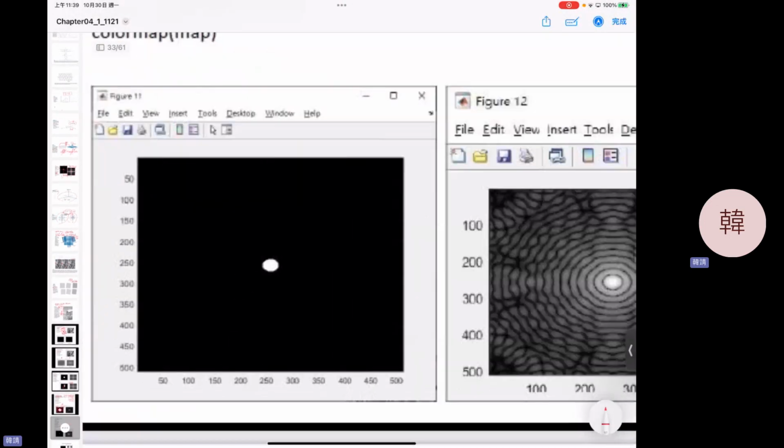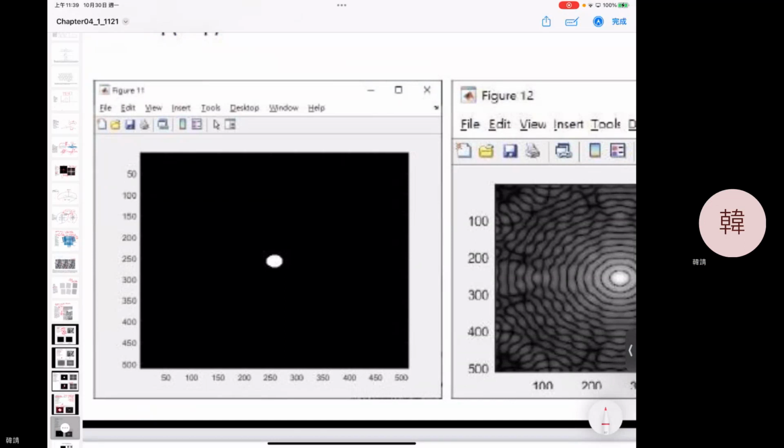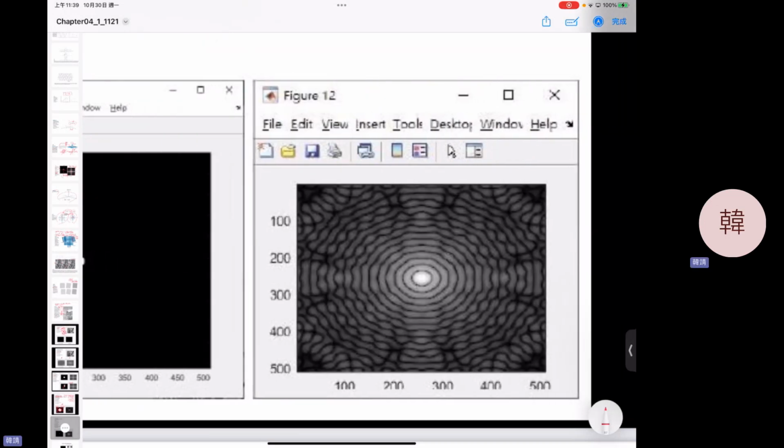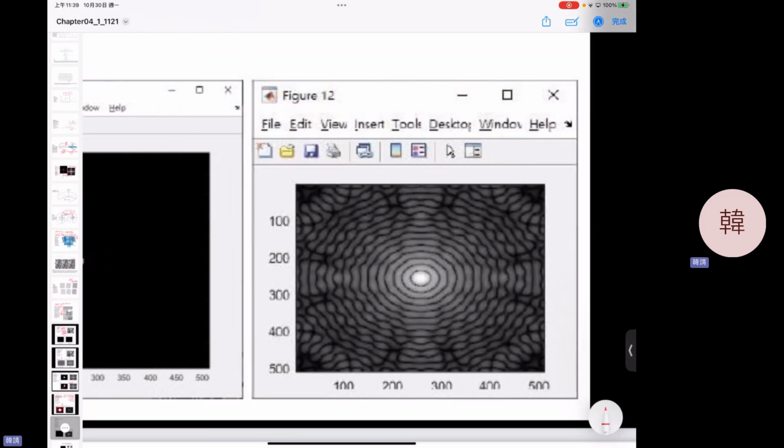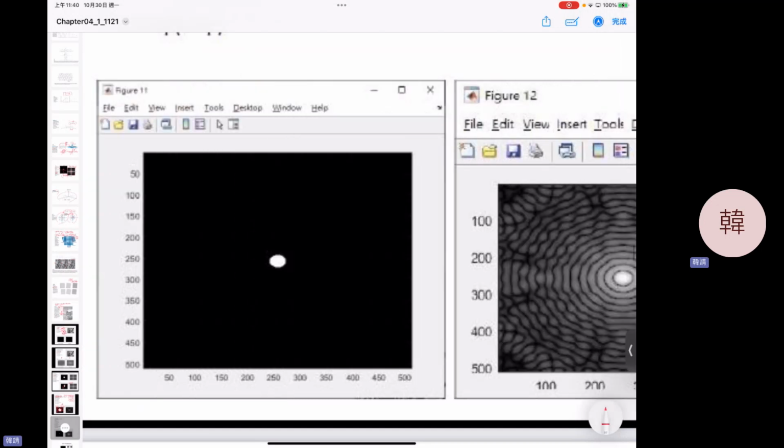So how can I create this one? A circle image, and the Fourier spectrum is like this. It's a circle. Okay, what's a circle? If you take the profile at every different angle, it actually looks like a rectangular pulse, right?